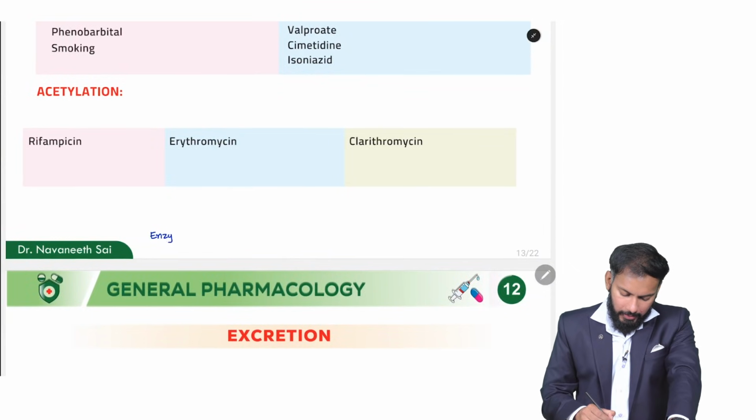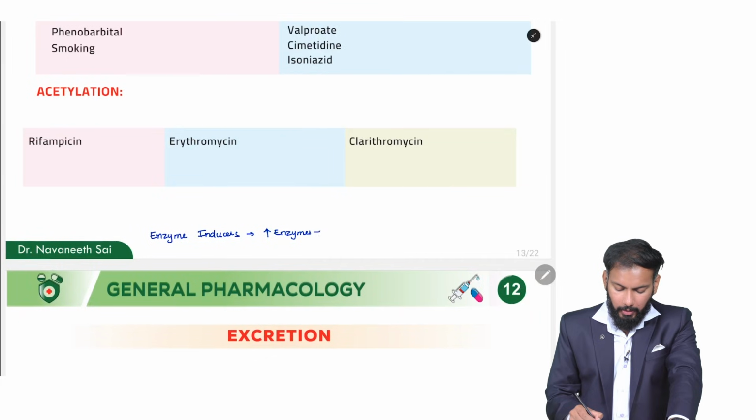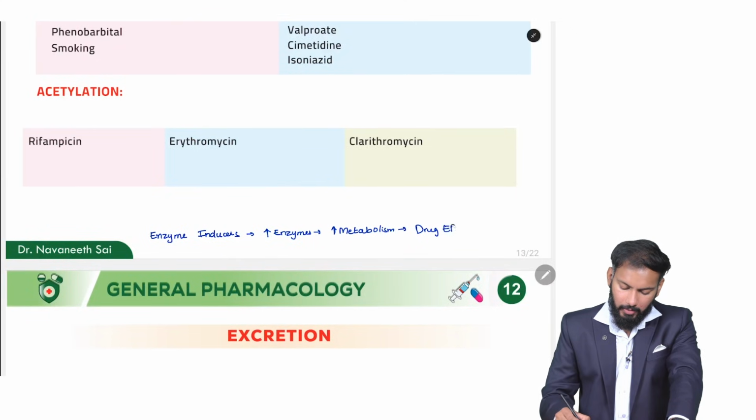If we induce enzymes, they will increase in number. If enzymes are increased, it will cause more metabolism. So, what will happen to the effect? The drug effect will decrease and it will cause drug failure.